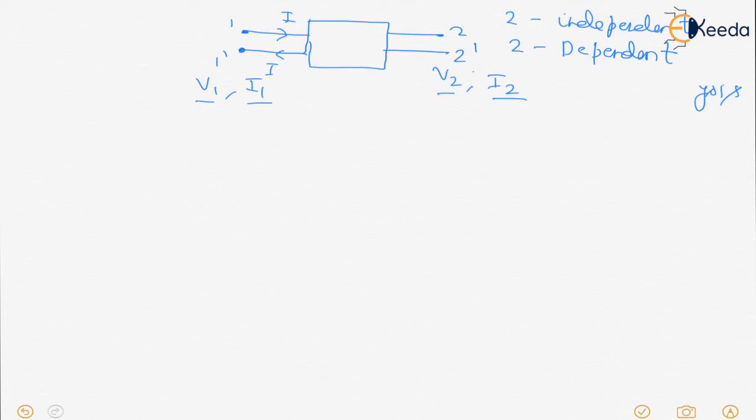So while representing the relation between dependent variables and independent variables, 6 different models can be defined in two-port network. First one is Z parameter. Second one is Y parameter.